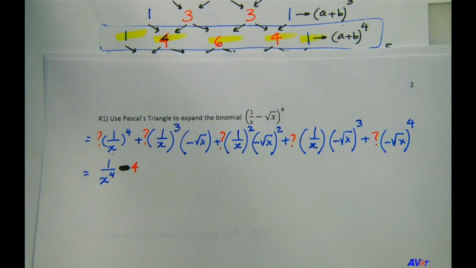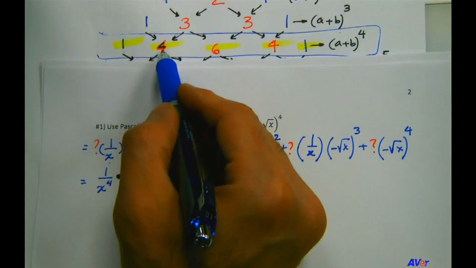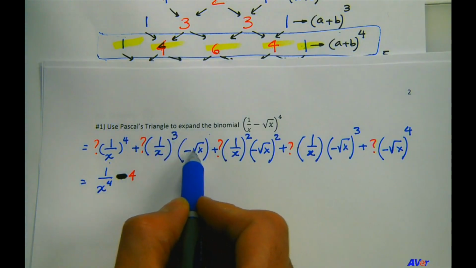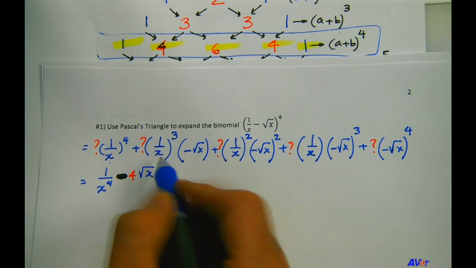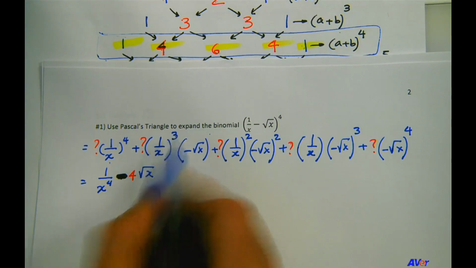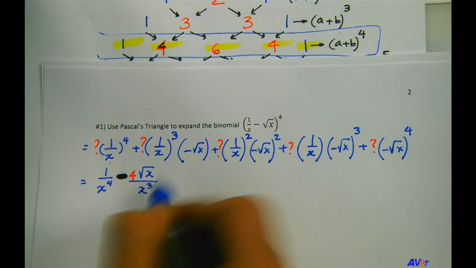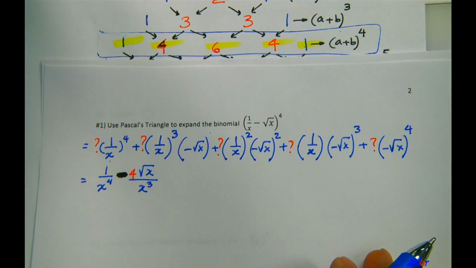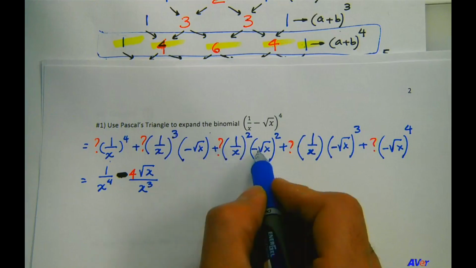4, which that 4 is coming from that Pascal's triangle, that coefficient, times square root of x divided by x cubed. Right? We're simplifying as we're going along. Next one. Is it going to be plus or is it going to change?